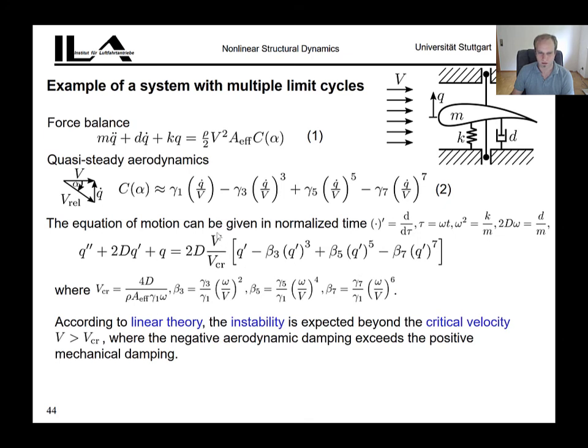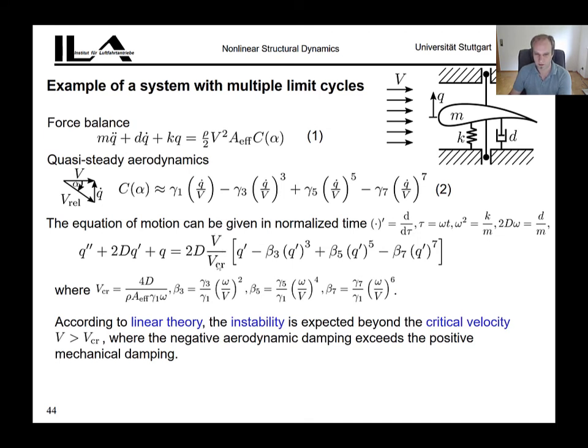And I expressed the aerodynamic force coefficient here using this ratio. The velocity, which is now the important parameter, will determine whether we have stable or unstable behavior.